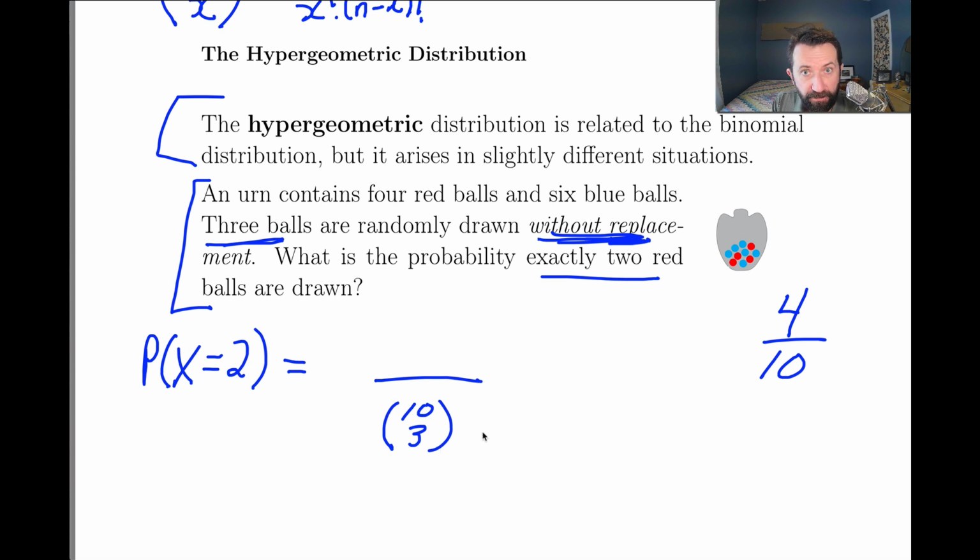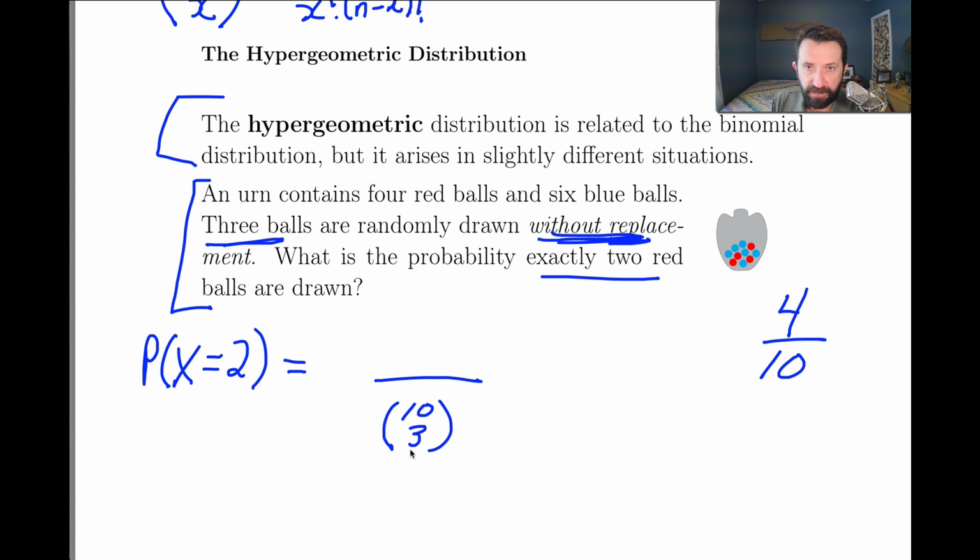That's the total number of ways of picking 3 balls from 10. Each one of those is equally likely. If we're doing this randomly, reaching in, pulling out a ball, shaking it up, pulling out another ball, these 10 choose 3 ways of picking those 3 balls are all equally likely.